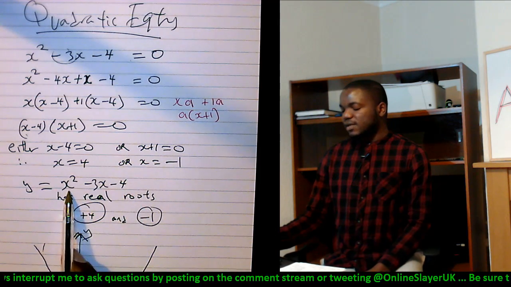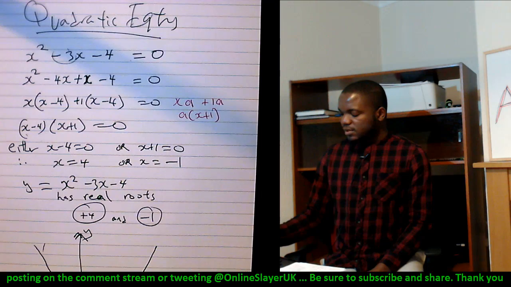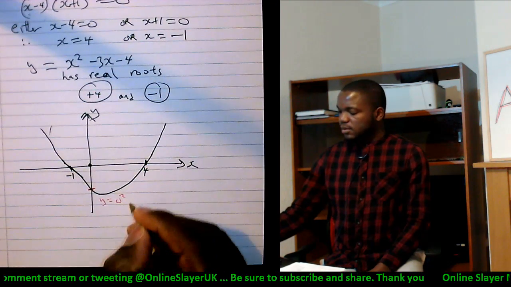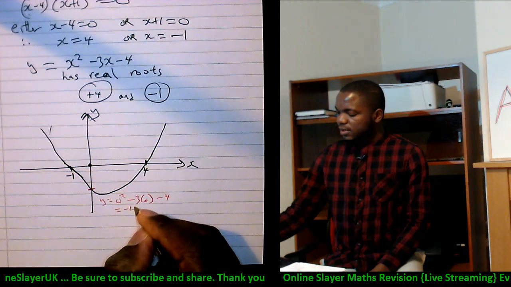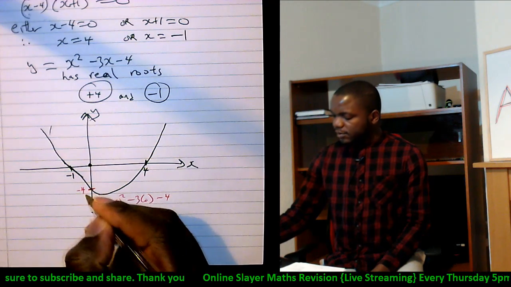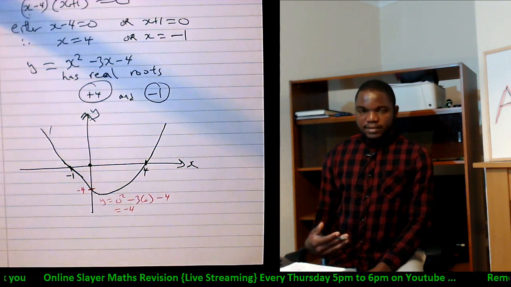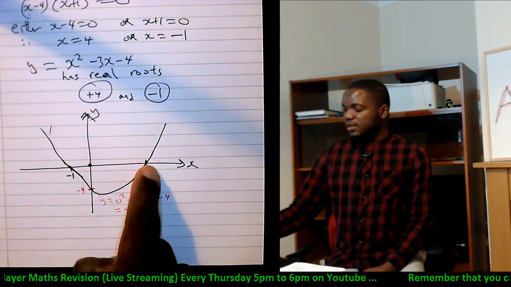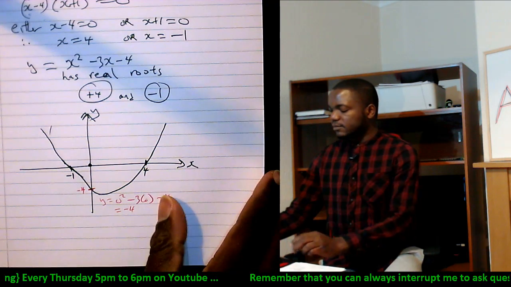So when x is 0, y will be 0 squared minus 3 into 0 minus 4, which is minus 4. So this is the minus 4 point. So I've labeled 3 important parts of my graph. I've labeled the roots and I've labeled the y-intercept.